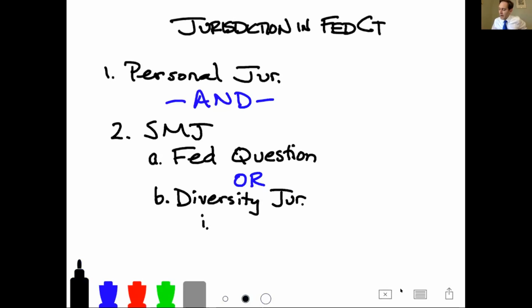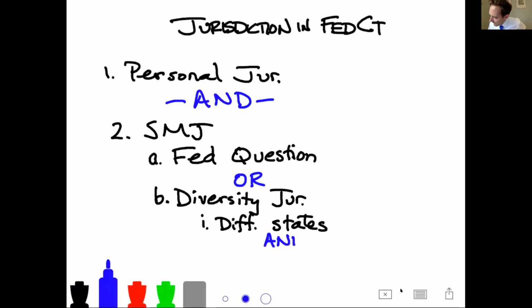Sub I, different states. And the second part, what do we call it, the dollar amount in controversy exceeds $75,000.